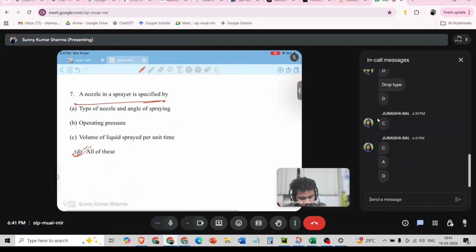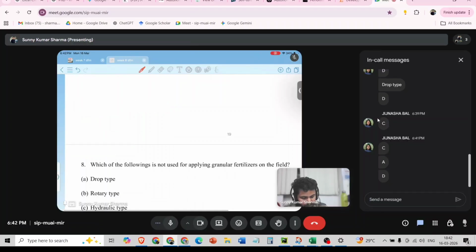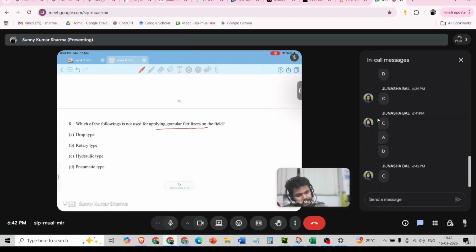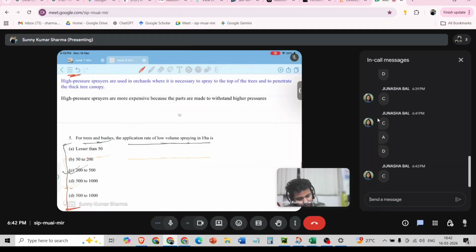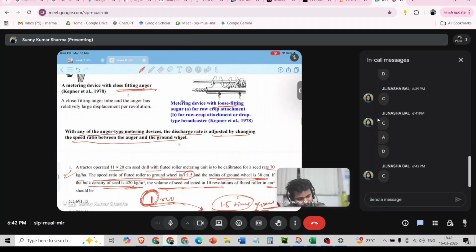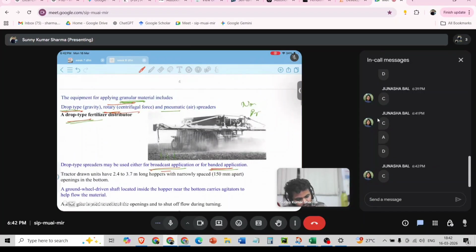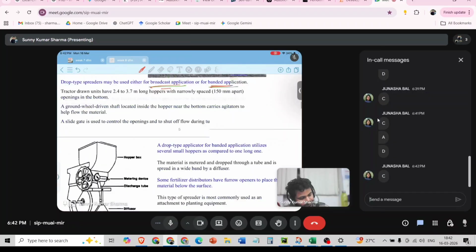It depends on all, like type of nozzle, operating pressure, volume of liquid sprayed per unit time. Which of the following is not used for applying granular fertilizer on field? So we have seen that drop type, rotary and pneumatic were there for granular application.